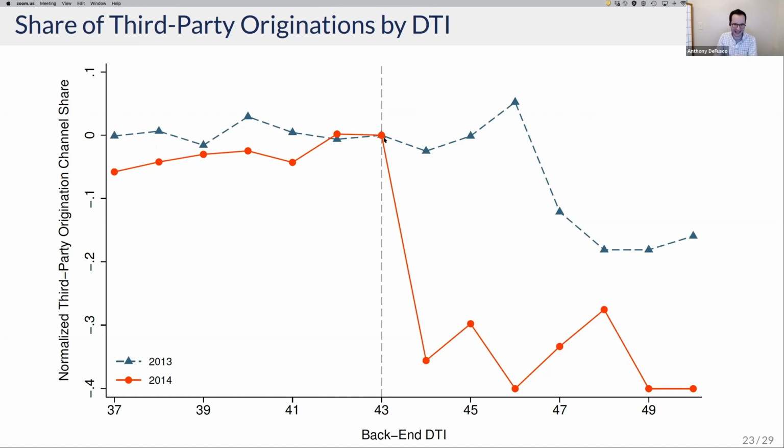Whereas in 2014, after the policy comes into effect, these fragmented lenders drop out essentially entirely from this market, and their market share is significantly lower than it was otherwise, suggesting that these are the lenders for whom this law is really costly, and they're going to drop out of the market, whereas the remaining lenders, the integrated guys, can afford to still be in there, and they'll extend you a loan and only charge you a 10 to 15 basis point premium for that, okay? That's the result we were able to show about where this quantity effect is coming from, or at least one of the channels through which it may be operating.